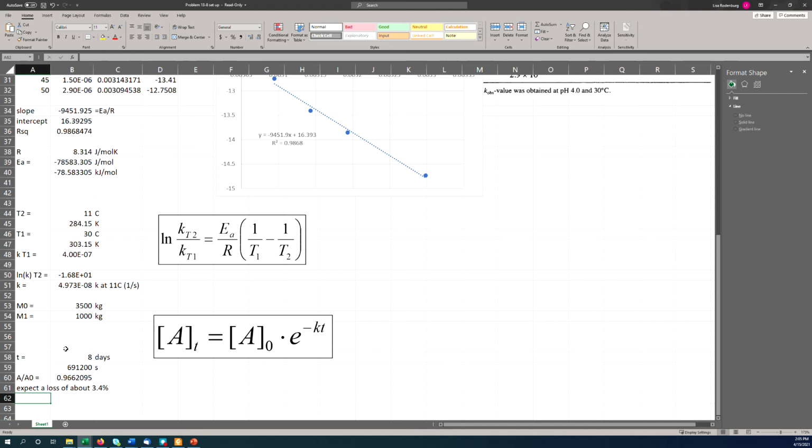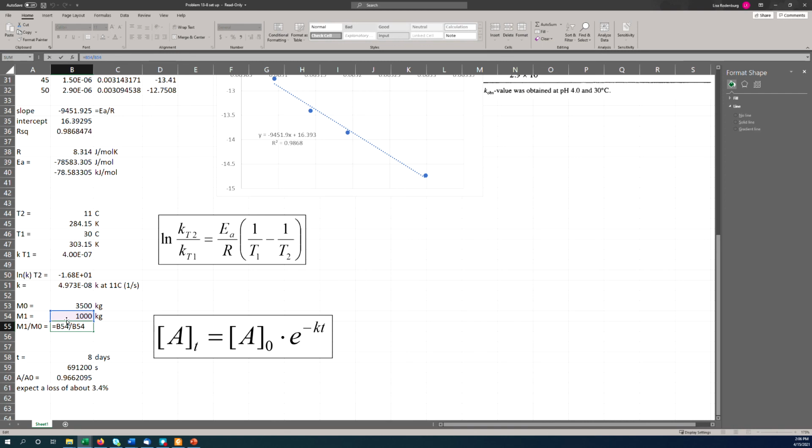So did we have a loss of 3.4%? No, we had a much, much larger loss than that, okay? Let's do the M1 over M0. Yeah, sorry, we have this backwards.